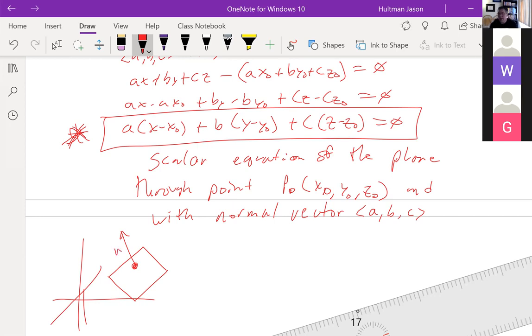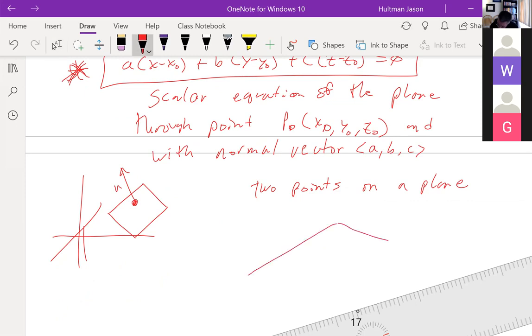Now, here's the deal. We're often not given the normal vector. So what can we do if we're not given the normal vector? What if we're just given 2 points on a plane? Let's look at a plane here.